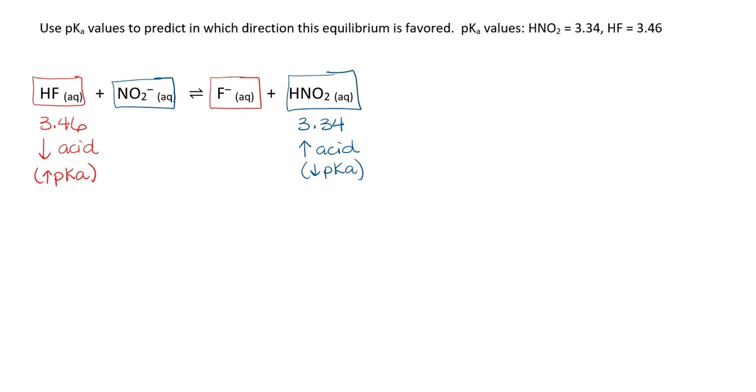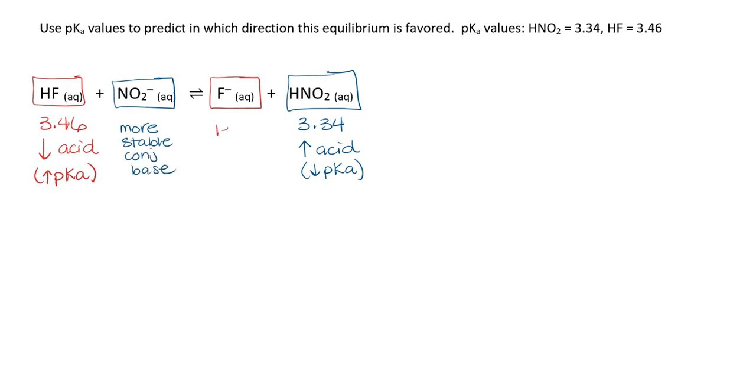We also know that the stronger conjugate acid produces the weaker conjugate base, and that the weaker conjugate base is also the more stable conjugate base. So because HNO2 is the stronger acid, NO2 minus must be the weaker conjugate base, but also the more stable conjugate base.